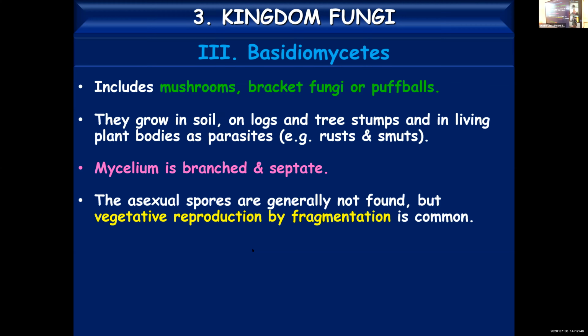We learned there are types of reproduction: vegetative propagation, fission, budding, and fragmentation. So this particular class carries out asexual reproduction by means of fragmentation, but spores are absent to carry out asexual reproduction.